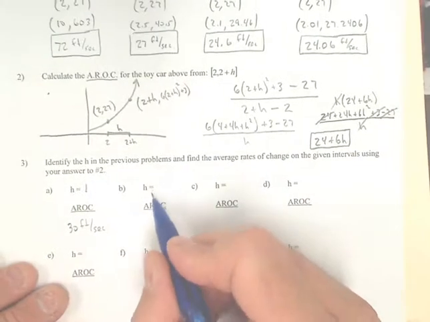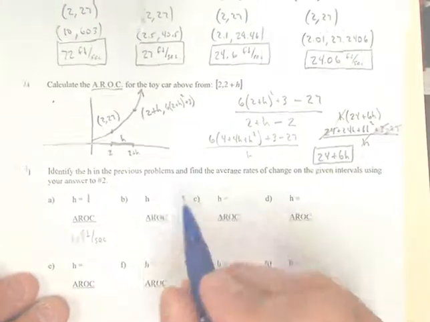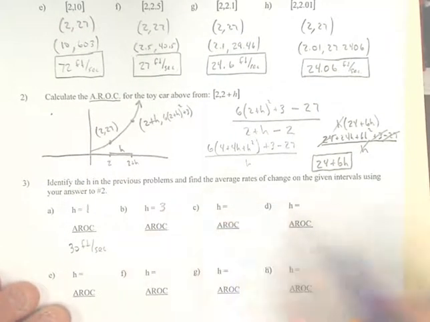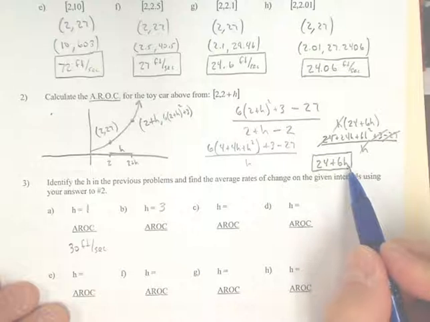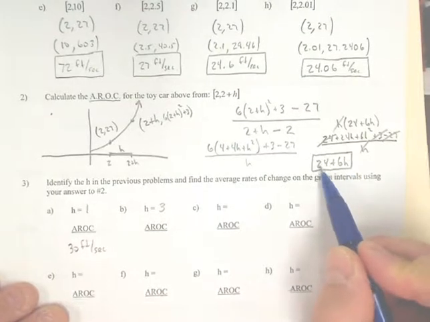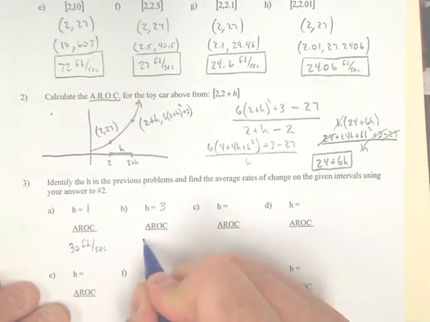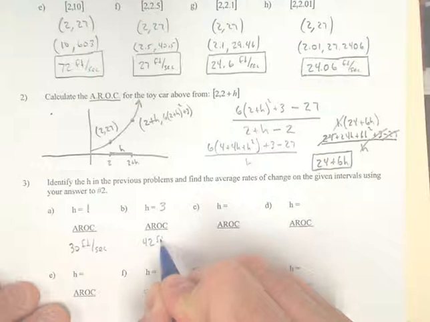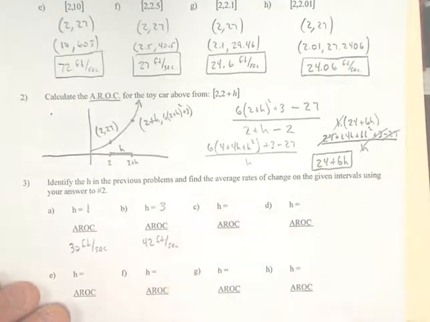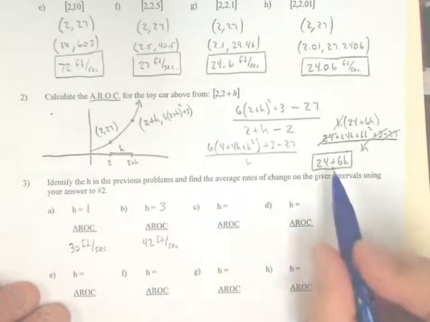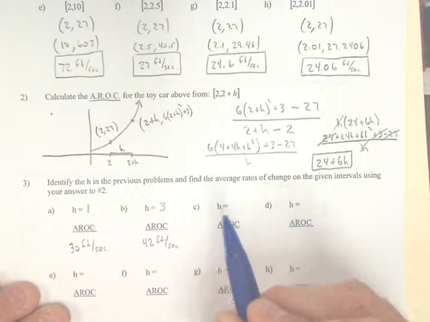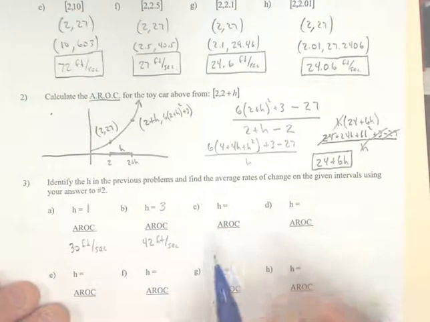On B, identify what the h is. The distance from 2 to 5 is 3. Plug 3 into your new expression: 24 plus 18, which is 42 feet per second. This expression will work as long as all values start at 2.